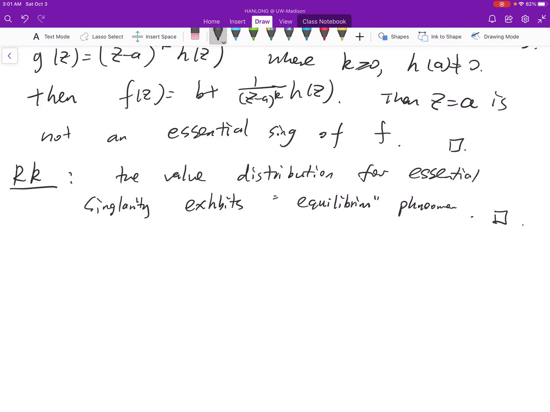Next time we will talk about the most interesting part of the singularity theory, that is the pole, and we want to introduce the residue of any function with pole singularities only.